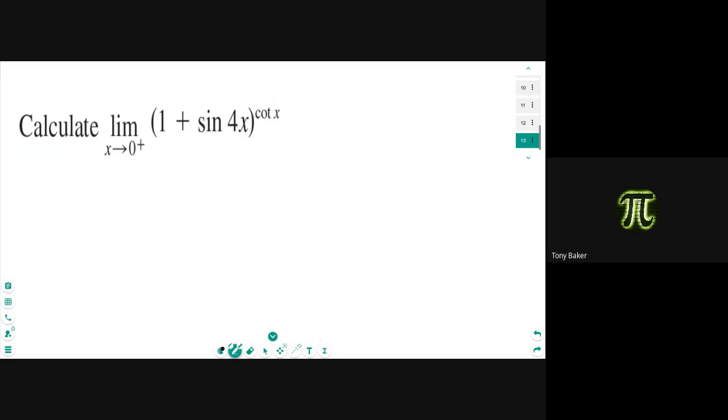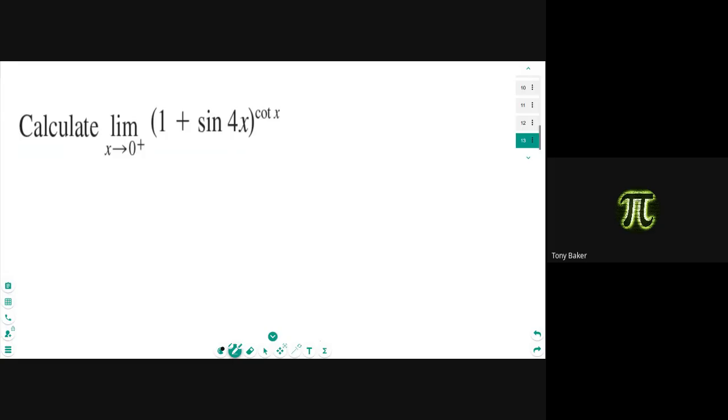Well, 1 to any power is 1. Yeah. But that's the problem. The base really isn't 1, it's going to 1. Because 1 to any power is 1, but did it get to 1 first or infinity first? That's the piece. That's what makes it indeterminate.